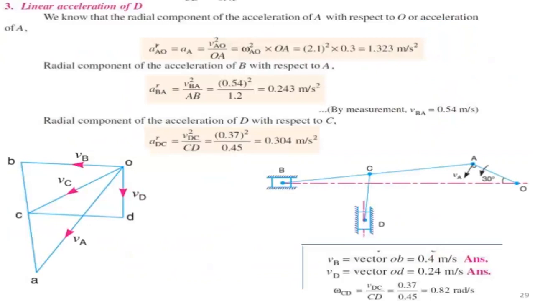For that we need to find the radial component. So we have taken the radial component, not the tangential component, because in the link there is no tangential component, therefore I am taking the radial component only.